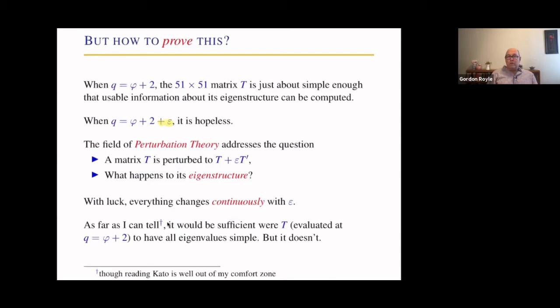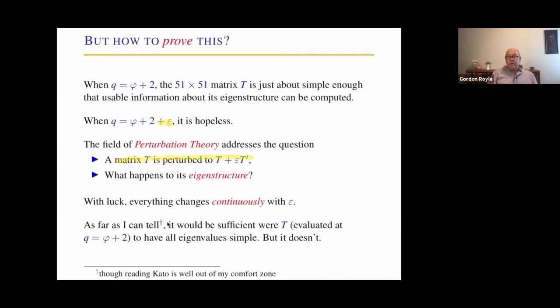So maybe we can do something with perturbation theory, which talks about what happens if you make a small change to a matrix. You know the eigenstructure of the matrix T. Can you say anything about the eigenstructure of the perturbed matrix? And if you're in luck, everything changes continuously and you're happy.